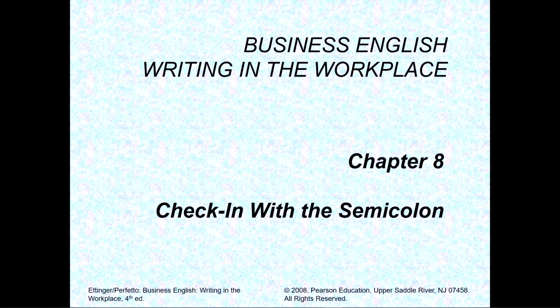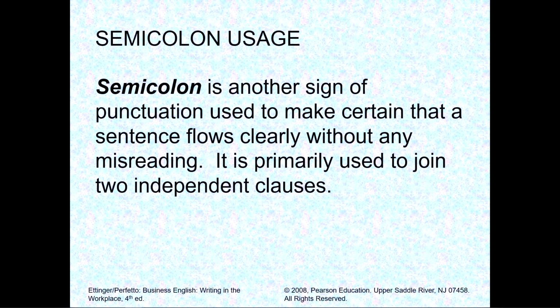Check in with the semicolon. Here we go. Semicolon is another part of what you have to learn for this class, right? Semicolons are another punctuation. So, how we use semicolons.